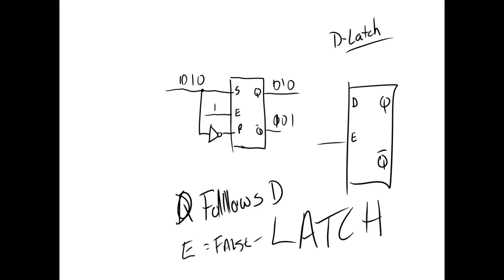So it's not going to follow D. It's only going to take the state of D on the edge, right? The 7475 is what we call a level triggered latch. As long as that E is true, the D input is going to pass right through to the Q output.